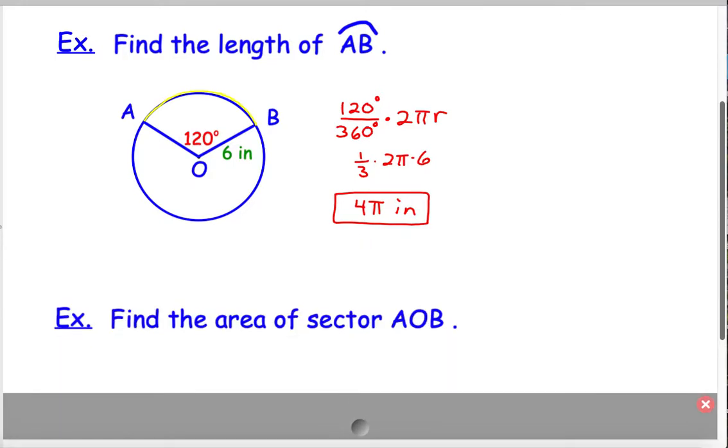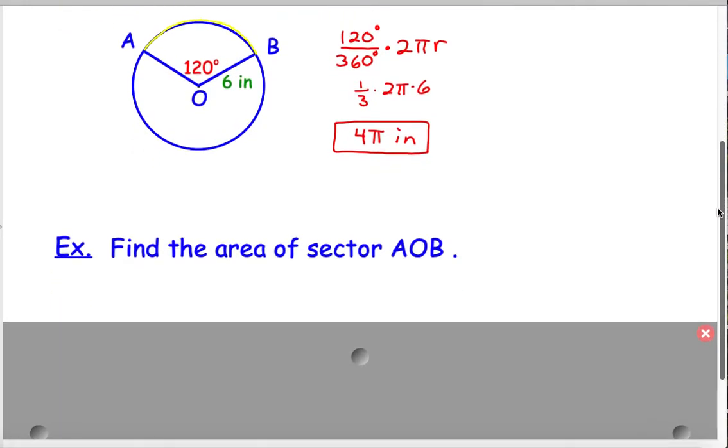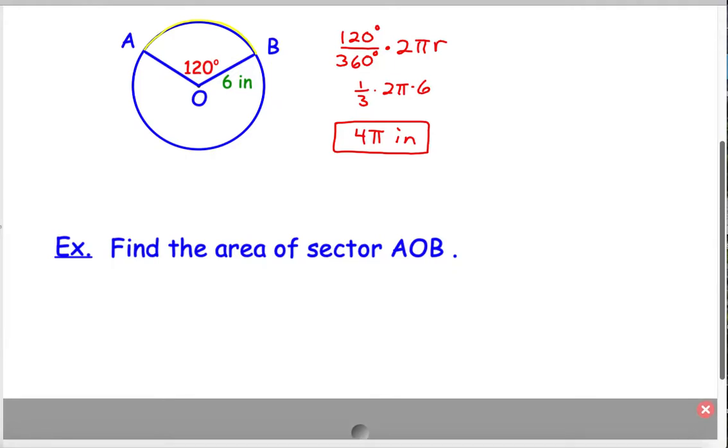All right, what if we want to find the area of sector AOB? Now, what's a sector? Well, a sector refers to the pie wedge here, the area inside there for that piece. All right, so it's the same idea. We know the area of a circle is pi times the radius squared. Well, we want a fraction of the entire area of the circle.